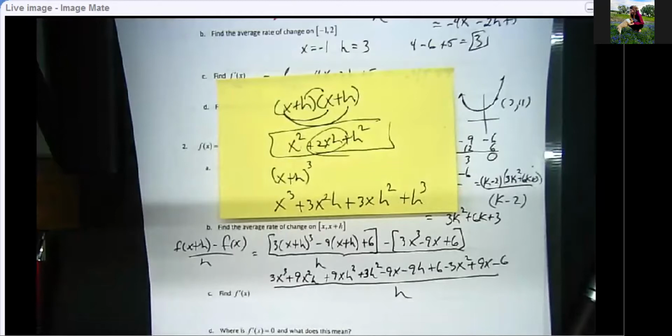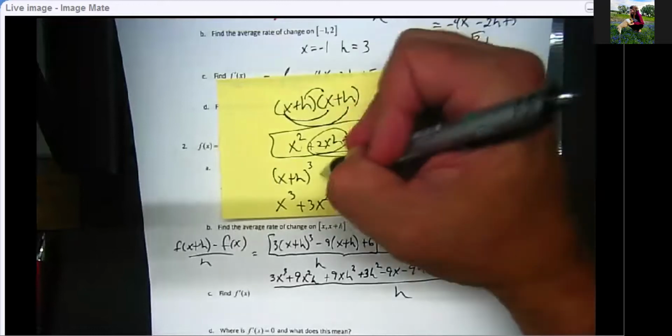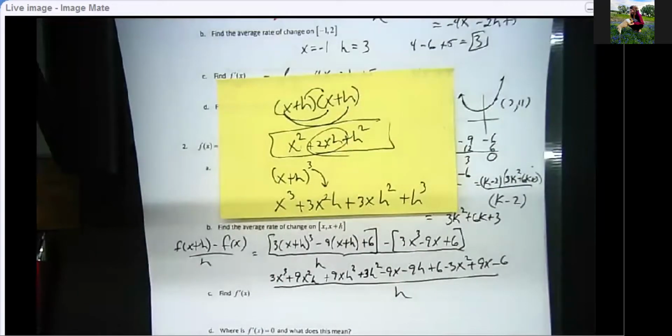I think for most of us, if we felt like our life depended upon it, that we did that exactly right, we would be very, very scared about our future. There's a lot of places you could go wrong, and a lot of them have to do with the process of actually distributing out those, what are called binomials. So, okay, anyway, enough of the bad news.